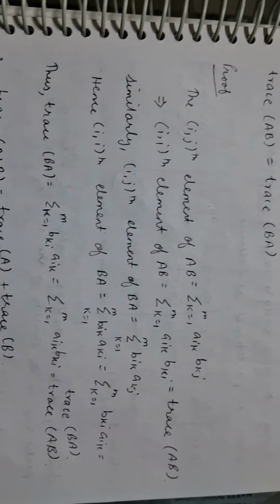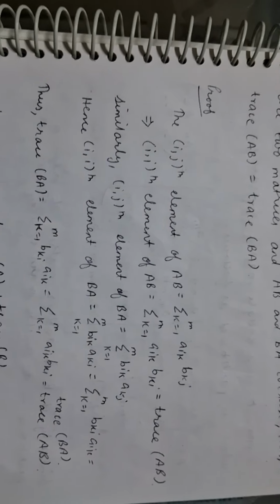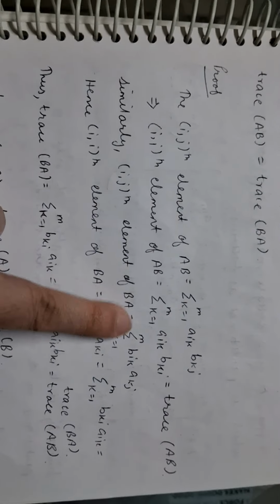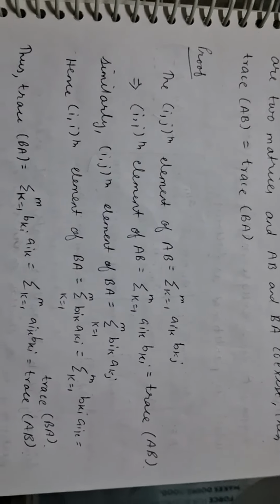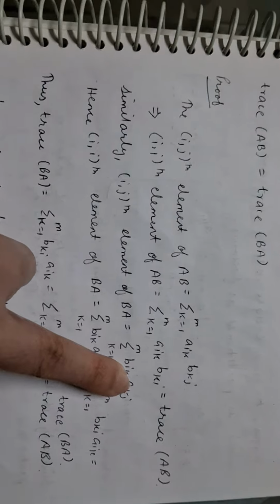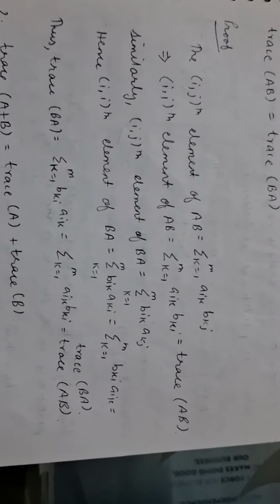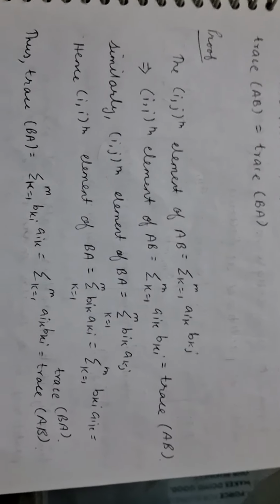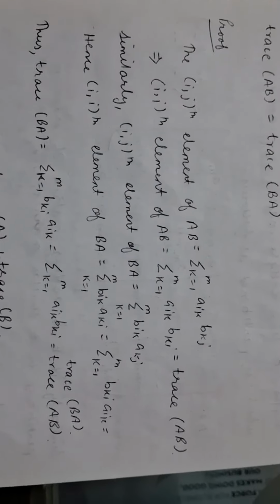If you would recall from my previous video, this is the definition of the trace, the sum of diagonal elements. Similarly, for the ijth element of BA, again we consider the element which is on the ith row and kth column, and then kth row and jth column. So this portion is again from the definition. Then the ith element of this again will be substituting i in place of j.